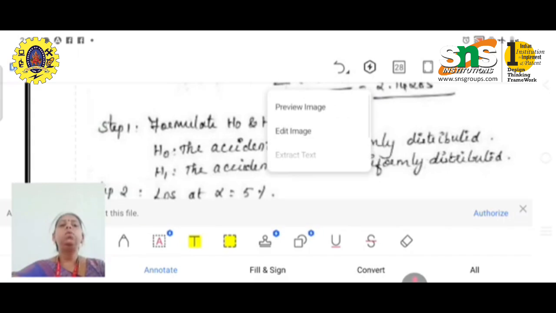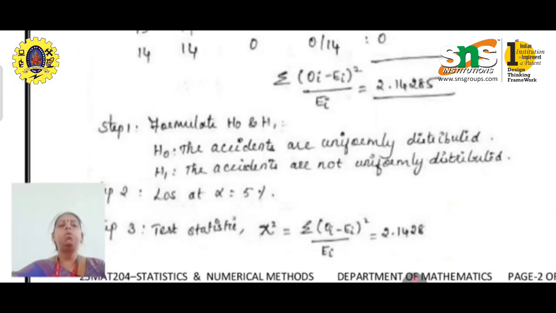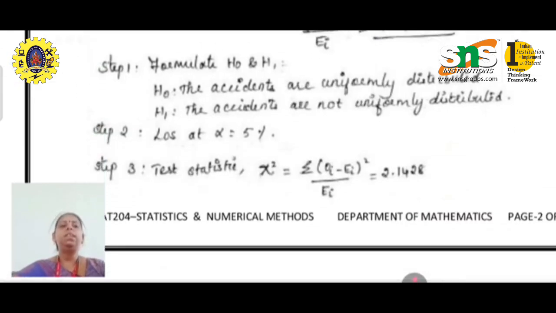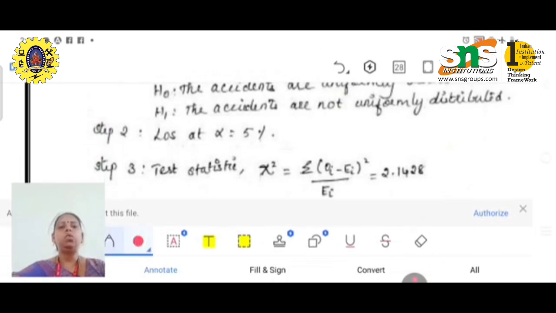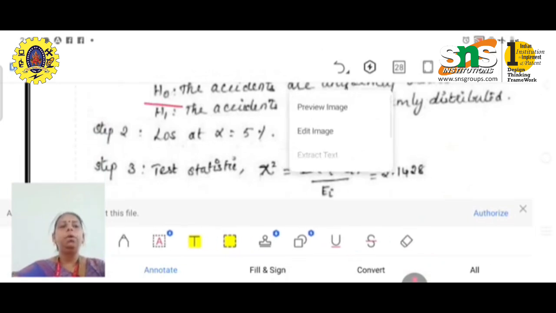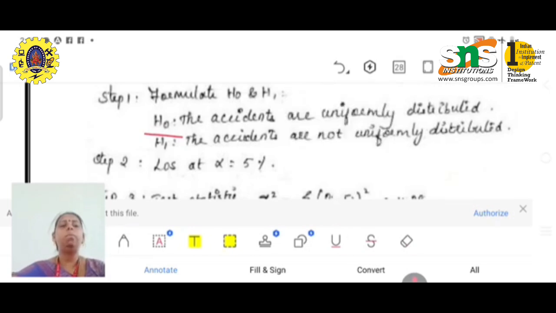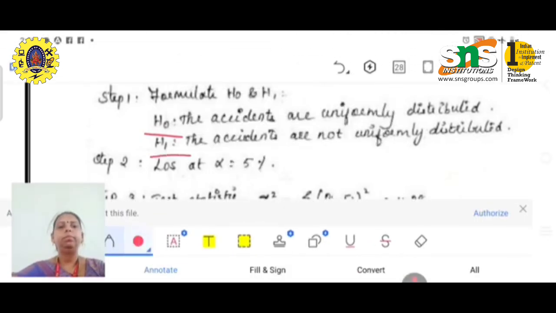Okay, now let us go to the steps of the procedure. The first step is to formulate H naught. H naught: the accidents are uniformly distributed. H1: the accidents are not uniformly distributed.